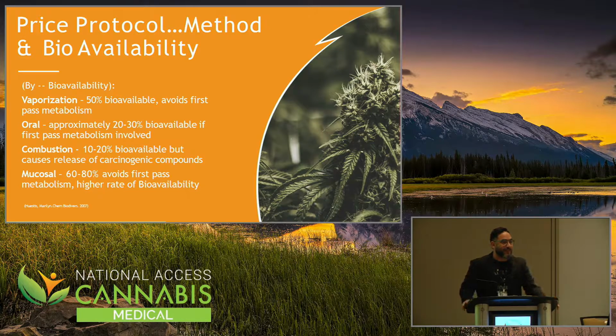But let's say they're using a vaporizer. Even I'm not going to use 90, because that's still too complicated for me, so I'm going to use 100. If you're using a vaporizer, your bioavailability, the functional amount of cannabis you can actually get into your body that will take effect, is 50%.